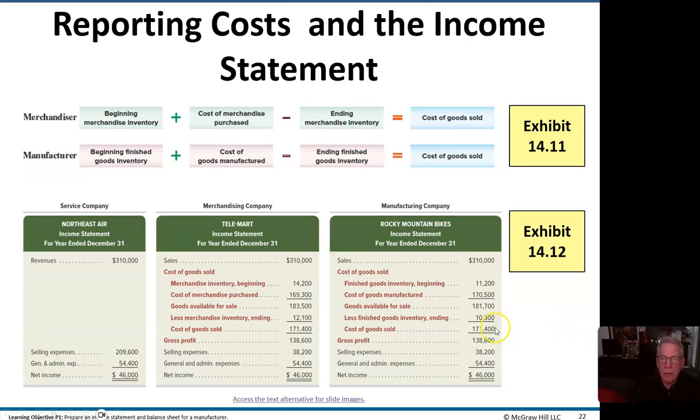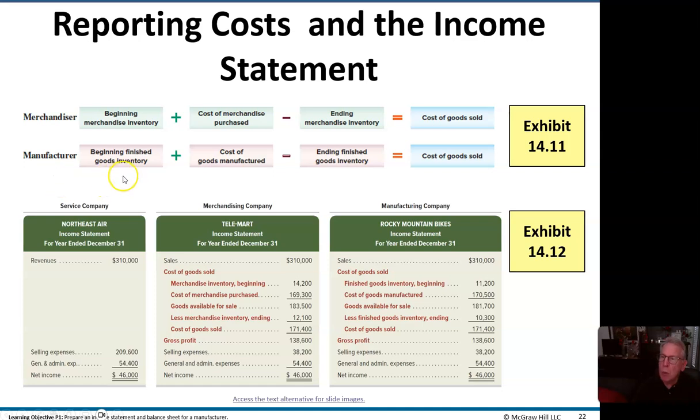All right. This is a very important little formula here. Here we have beginning inventory. We add the cost of merchandise purchased, back out the ending merchandise inventory, and that tells you what the cost of goods sold is going to be. But in this chapter and in this course, we'll mostly focus on manufacturing companies.